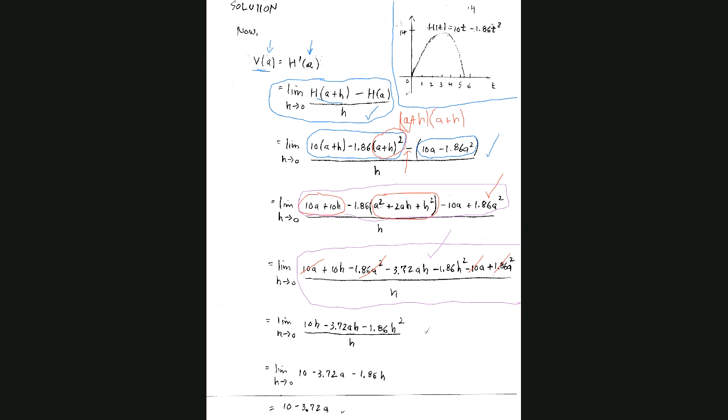And so we're left then with this limit. This is our h prime of a, right? This is our h prime of a here. And that's this limit.